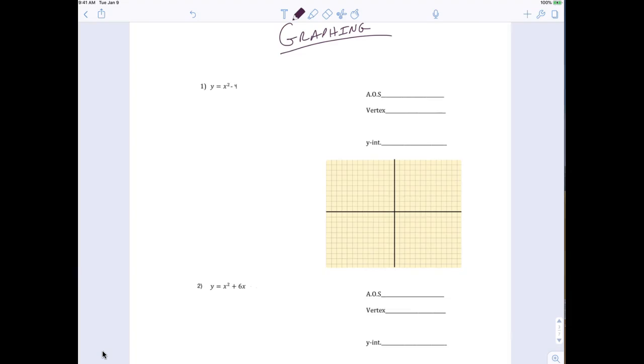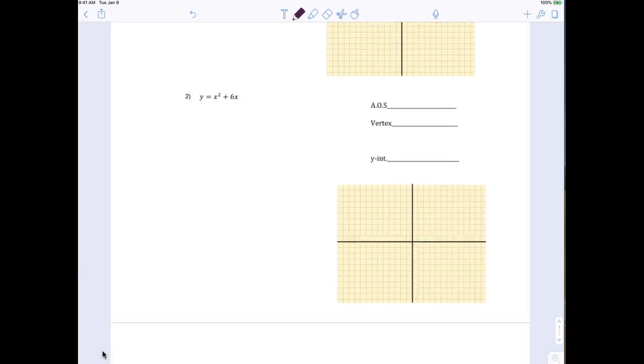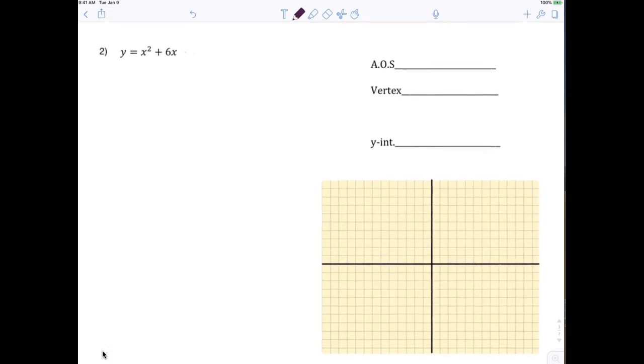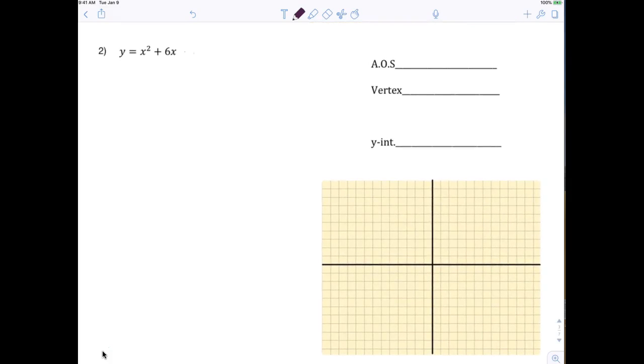All right, so we're going to start with number 2. First thing is axis of symmetry. So remember what the formula for that was? Negative b over 2a. Thank you. X is equal to negative b over 2a. Now let's just look up here and say a is equal to what? A is equal to, in this case, what?